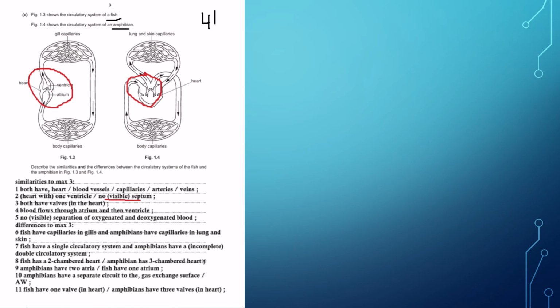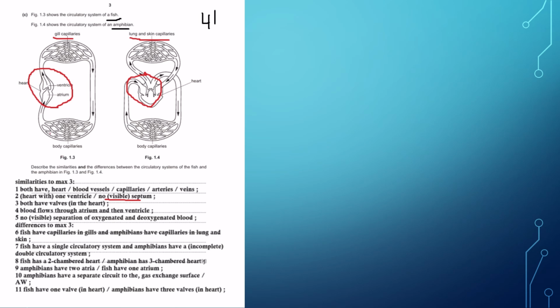Both have valves in their heart, but there is no visible separation between the oxygenated and deoxygenated blood the same way you see in a mammalian heart. Also, the fish up here have gills, and the amphibian has lungs and scaled capillaries. Fish have a two-chambered heart, 1, 2, while the amphibian has a three-chambered heart, 1, 2, 3.